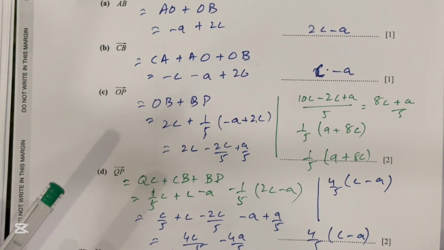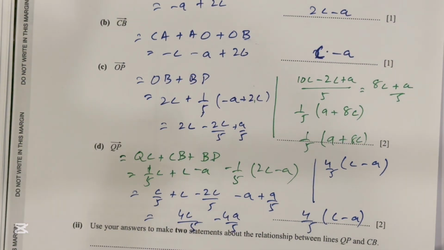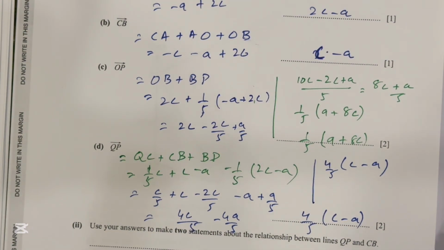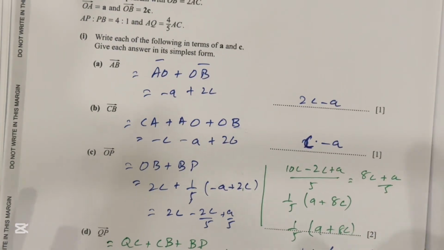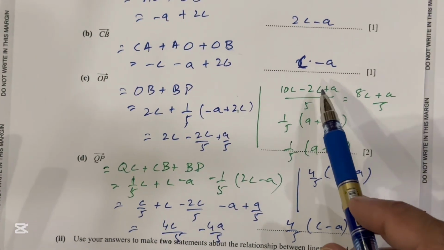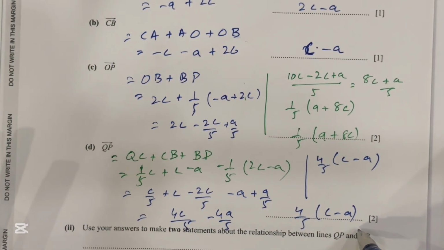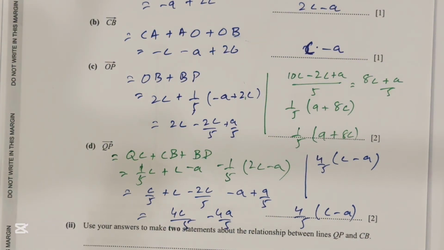Next part is use the answer to make two statements about the relationship between the lines QP and CB. We can see that CB is C minus A, and this is 4 by 5 of it. It means it has a multiple factor of K. It means these two lines are actually parallel.